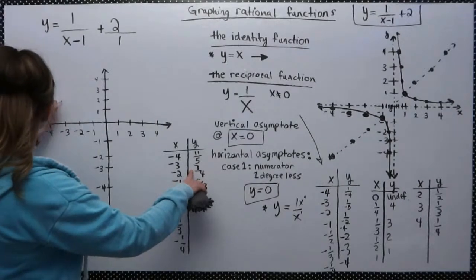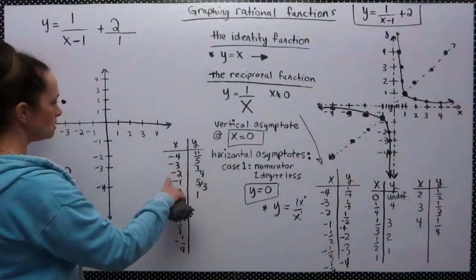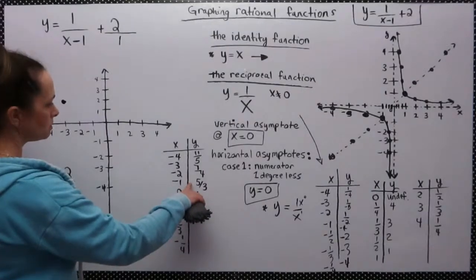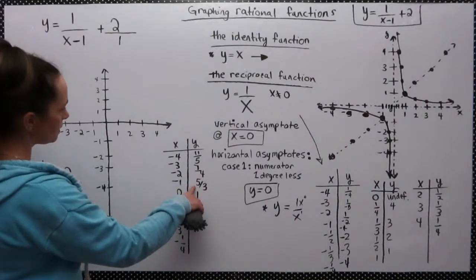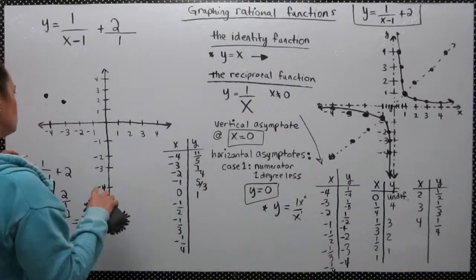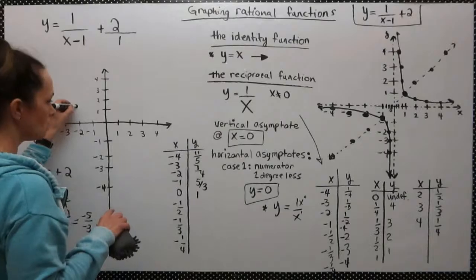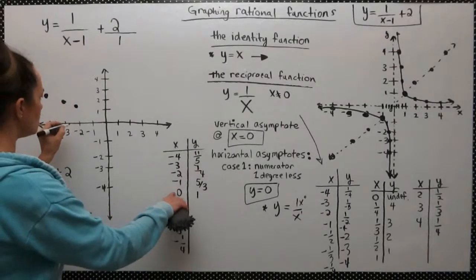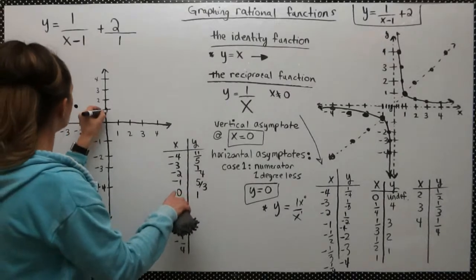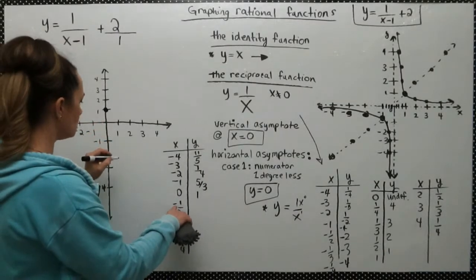So it's getting a little bit smaller here. And then this one, it's right here, is 5/3. So 3 times 2 would be 6. So it's just a little bit more. And then we've got 0, 1 here.